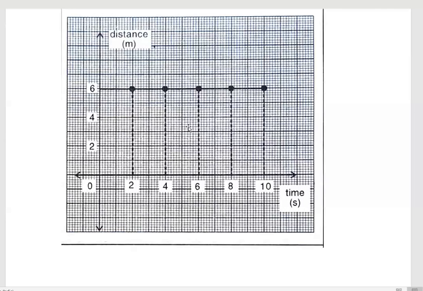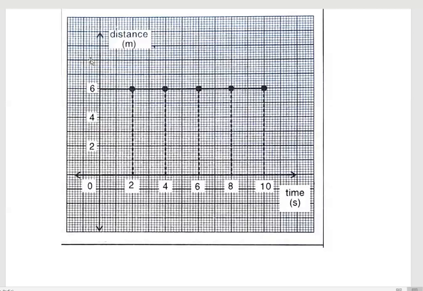And at 6 seconds also, the object is at 6 meters. Similarly, at 8 seconds and 10 seconds also. Here, we can say that the time is changing from 0 to 2, 2 to 4, 4 to 6, and so on. But the object is not moving. It is still at 6 meters.